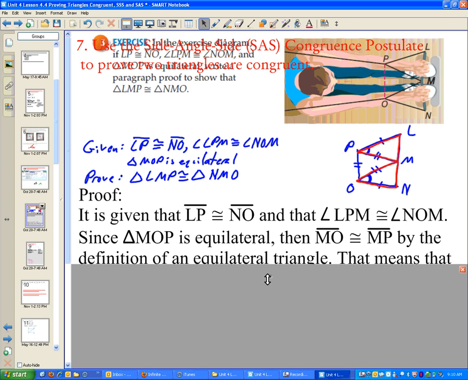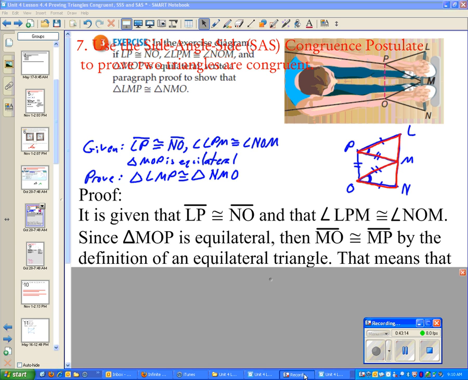The rest of the reason is definition of equilateral triangle. All right, so the first part of the reason is that triangle MOP is equilateral. The second part of the reason is the definition of equilateral triangle. Put that together, you got segment MO congruent to segment MP.